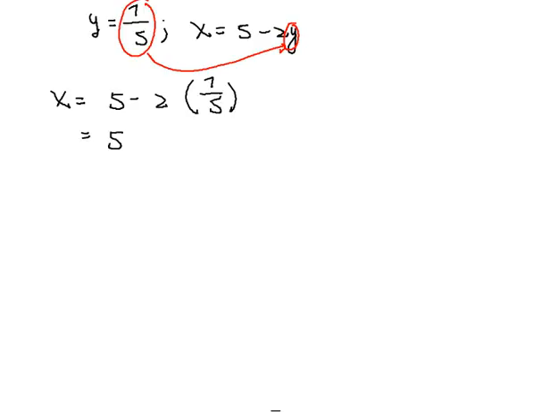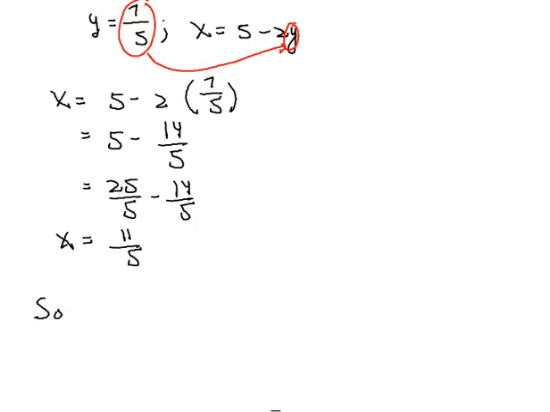We have then 5 minus 14/5. And getting a common denominator then, we have 25/5 minus 14/5, or x then will be equal to 11/5. And what we'd like to do then to end up is to express the solution as an ordered pair.